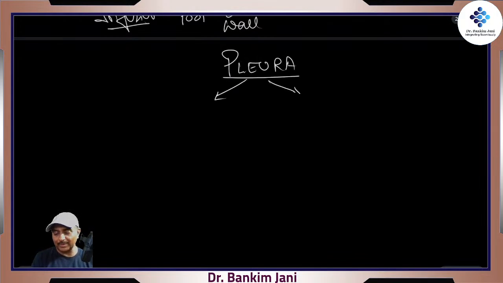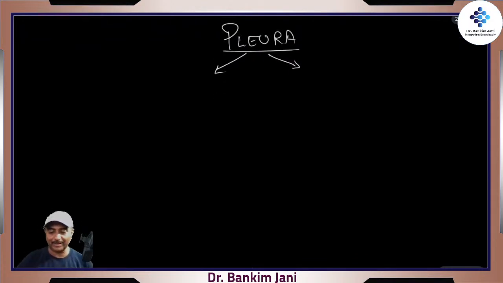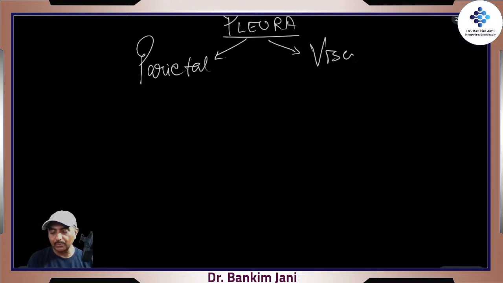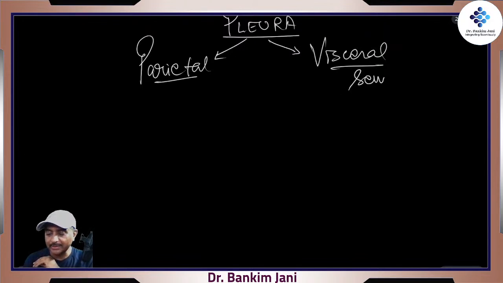Regarding the pleura, because there was one email, let me clarify it very easily. There are two types of pleura, right? One is parietal, and second is visceral. One fundamental thing is that visceral pleura is sensitive to stretch only.